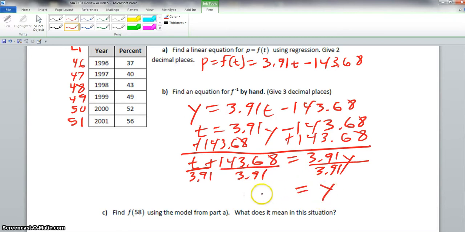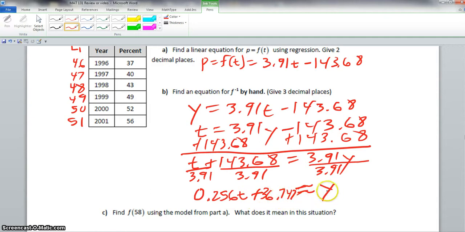And we will have y is equal to, now we have to put this in our calculator. And of course, this is an approximation. So what we would get is approximately 0.256t plus 36.747.